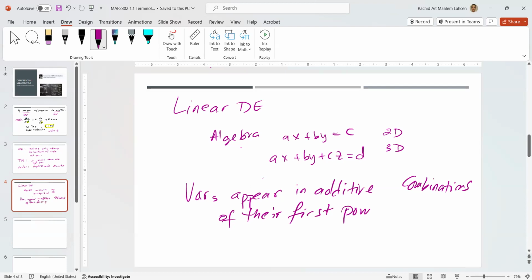First powers only. Because if you have ax squared, then it's not linear anymore. So a linear differential equation is one where the dependent variable y and its derivatives appear in additive combination of their first powers. Let's make it a little more precise.